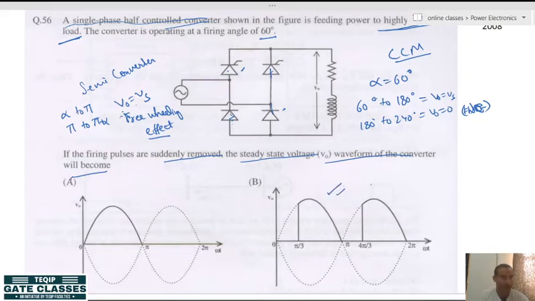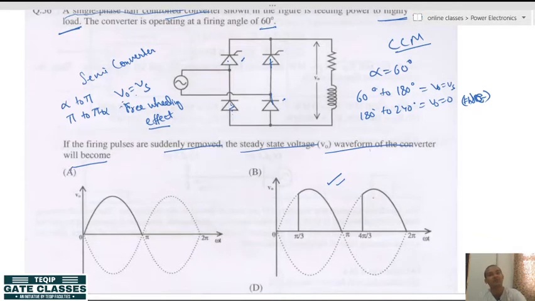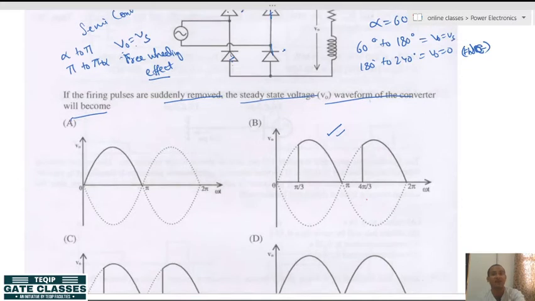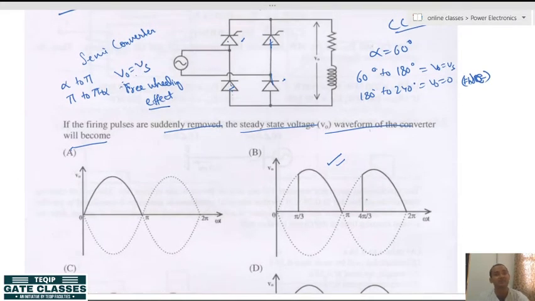No problem with that. Now, if you have removed the converter firing pulses, then what will happen? Think about it.